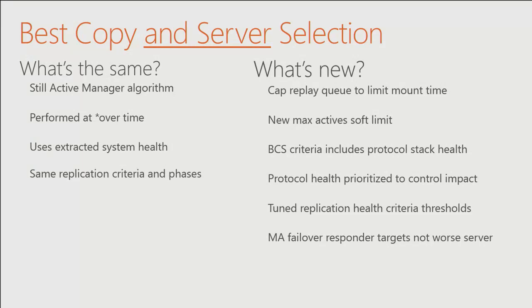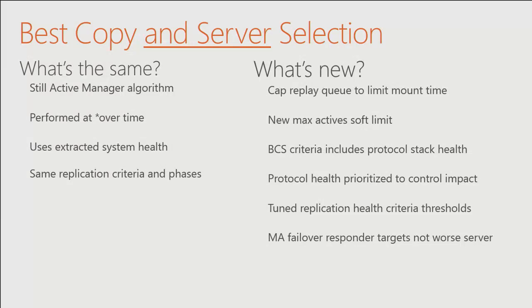It isn't like you're going to cause an outage because the copy that's over that limit is going to play down. We're going to periodically try to do the failover again, and eventually it'll be under 400 and we'll mount it if there was no other copy that qualified prior to that. There's the new limit around max soft limit for max actives. We'll talk about that in a bit.